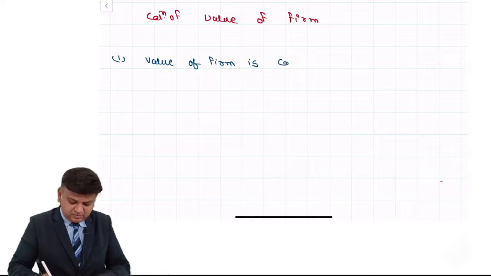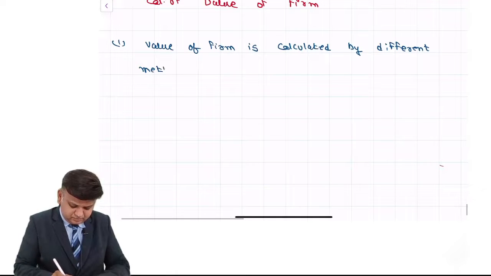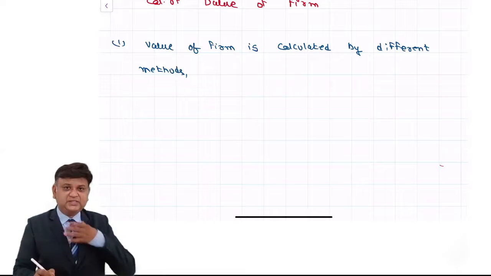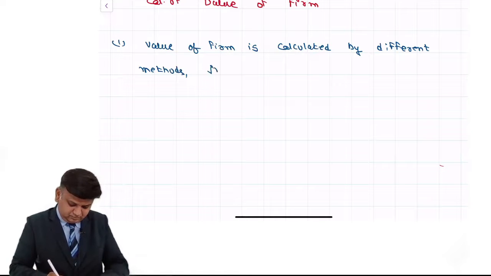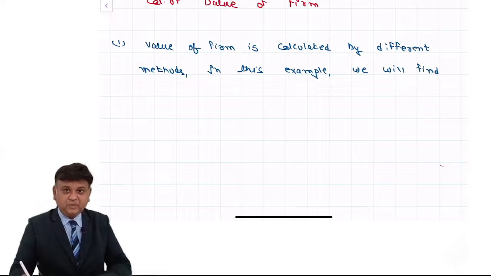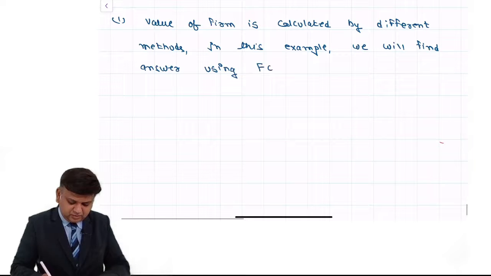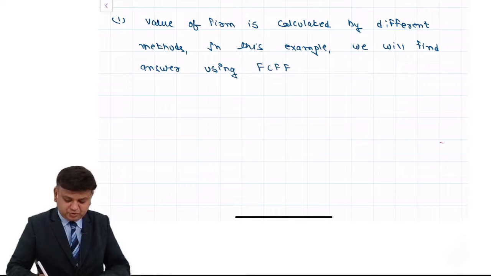Value of firm is calculated by different methods, comma, in this example we will find answer using free cash flow for firm approach.